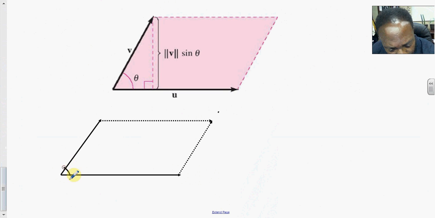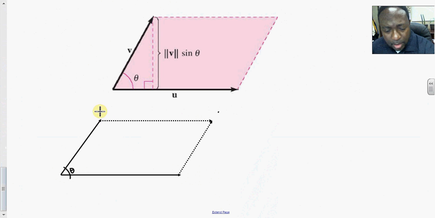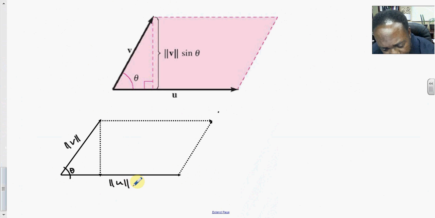So we have here this angle, theta. And let's see if we can highlight the height. So if this is v, and this side down here is u, you take the length of this side, and that's the magnitude. Take the length of this side, and that's the magnitude.